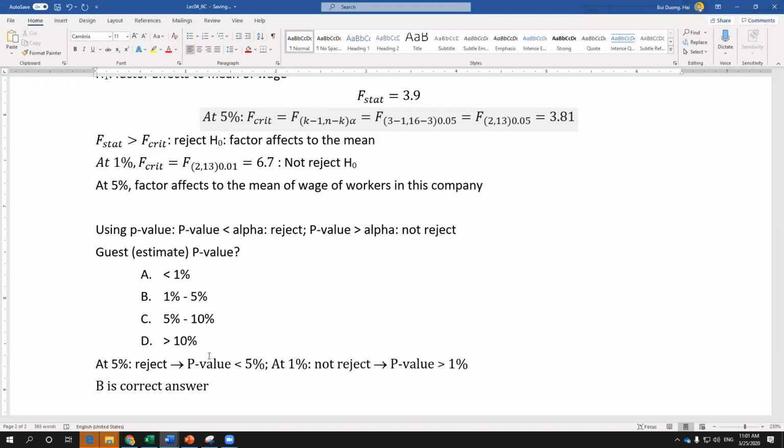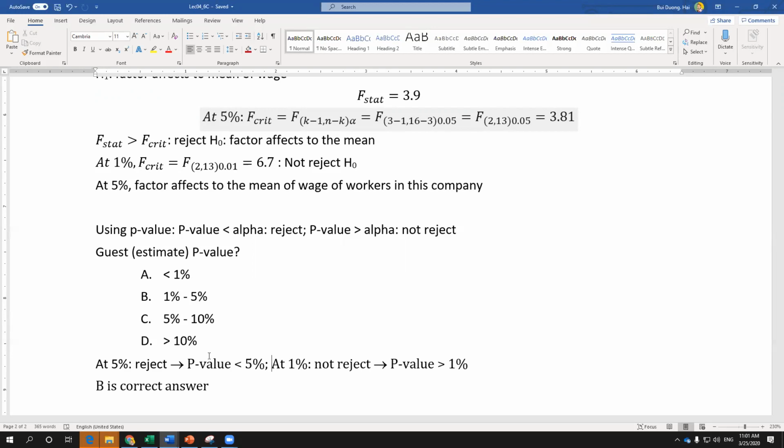Therefore, in my exam and in my midterm, I require you to answer which range the p-value belongs to.